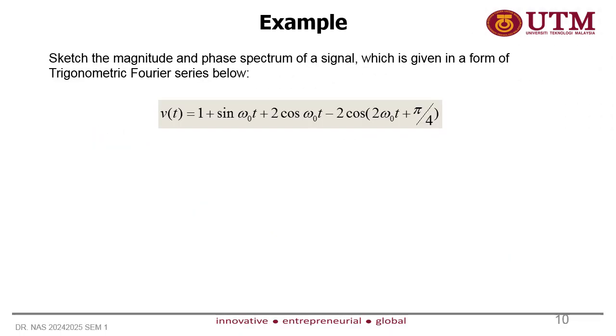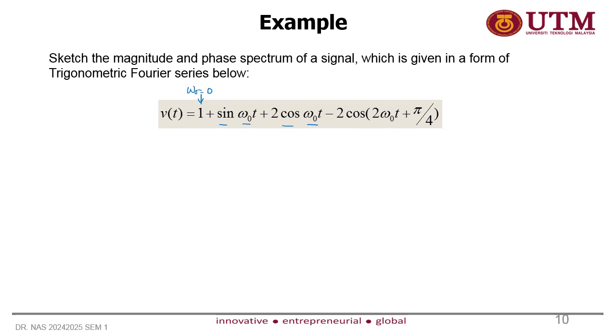Okay, let's look at an example. You need to plot the magnitude and phase spectrum of the given signal. The first step, you need to check the components given and rewrite if necessary. Let's look at the given function. You have the frequency omega naught in the sine function, and you also have omega naught frequency for the cos function.